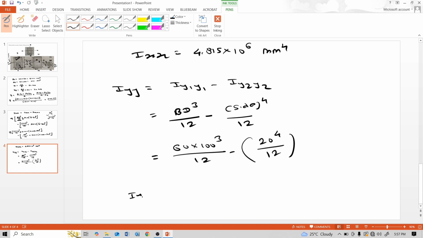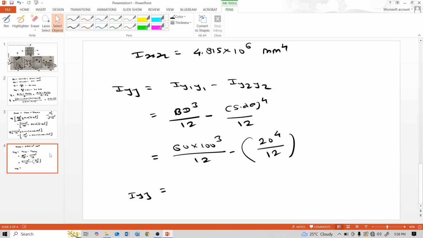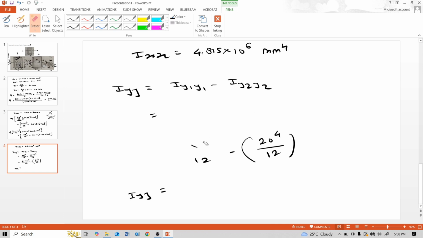So Iyy for this body is 60 into 100 cube by 12... B is 60, D is 100. See, we made a mistake for this also. About y axis, moment of inertia is not BD cube by 12.